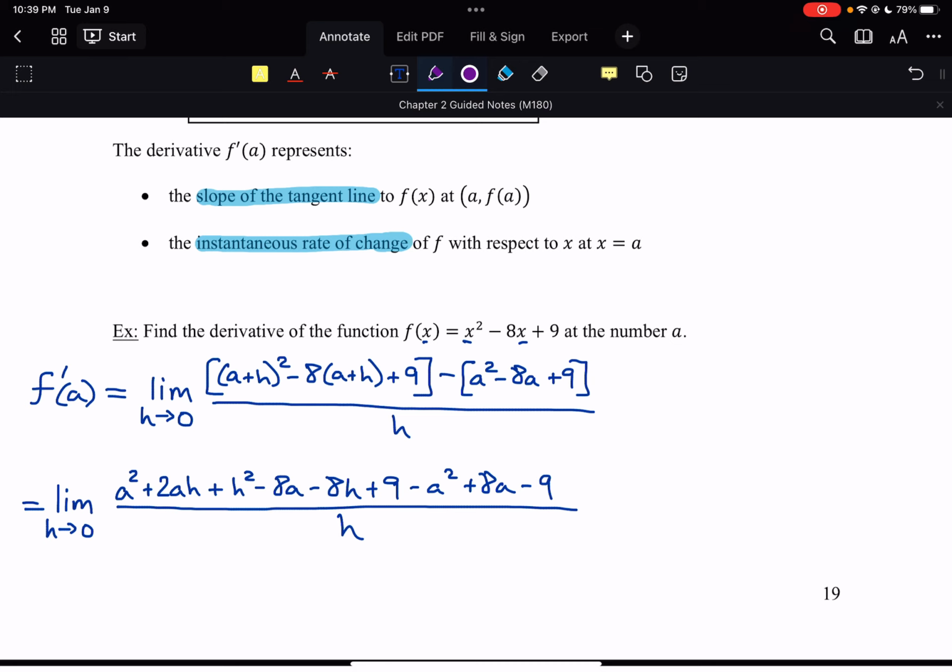And now if we look at what we have here, notice we have an a squared and a negative a squared. We have a negative 8a and a positive 8a. And we have a 9 and a negative 9. So those are all gone.